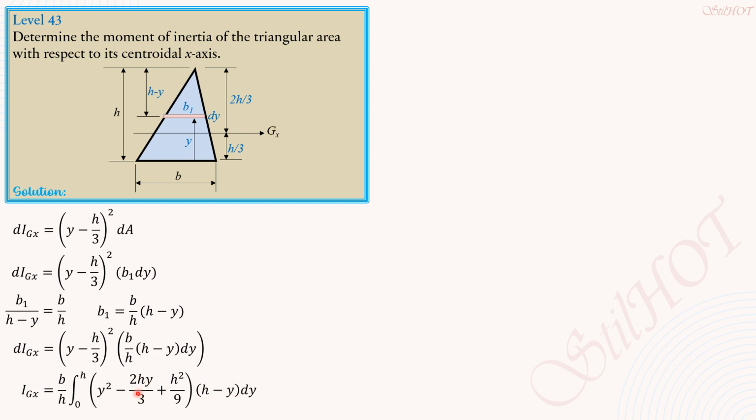Then before integrating, we have to simplify this by expansion. Igx equals b over h integral 0 to h of quantity hy squared, then minus 2 thirds h squared y, then minus h squared y over 9, sorry, plus h cubed over 9 rather.